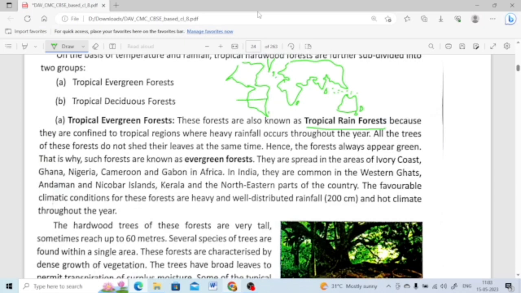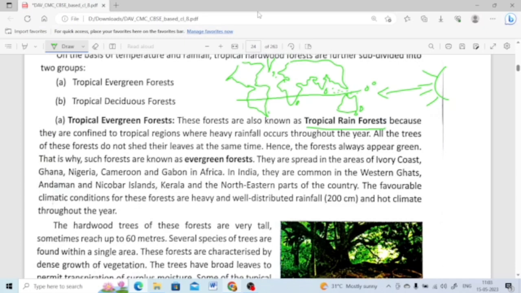So if you consider this as a map of the world, roughly I have drawn. So here comes our 0 degree, where the sun is giving direct sun rays throughout the year, and as you can see, the mass of water is also present. So water gets heated up, and each and every day we are getting convectional type of rainfall there.